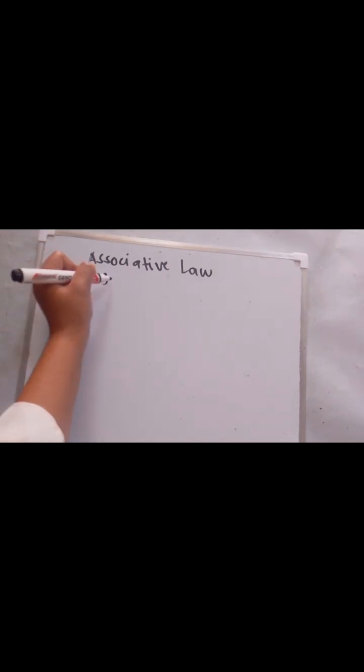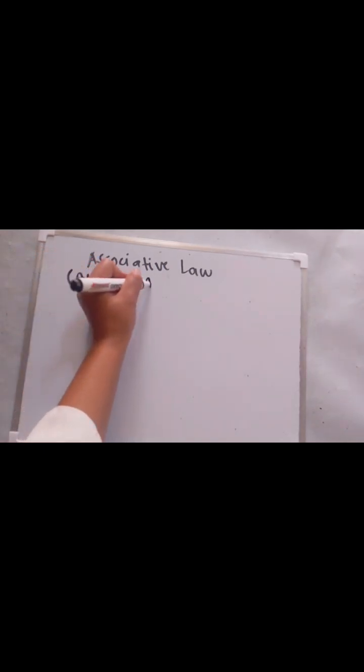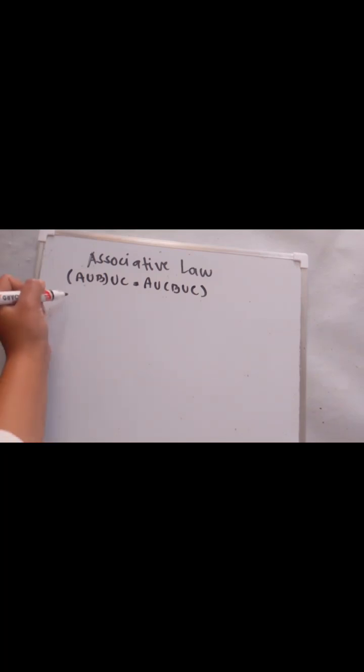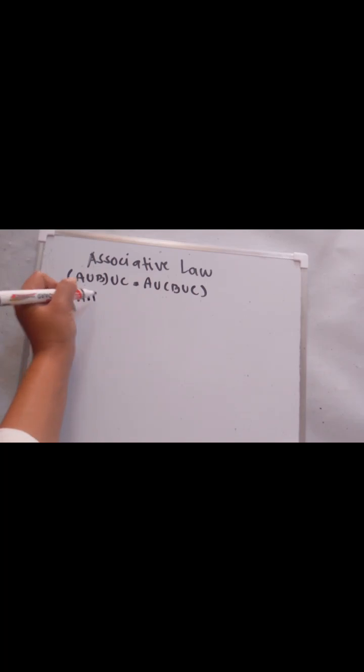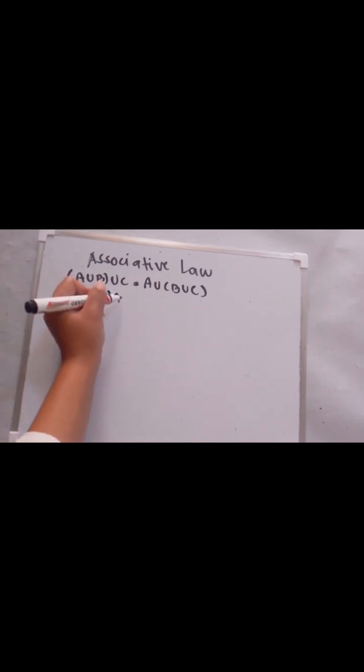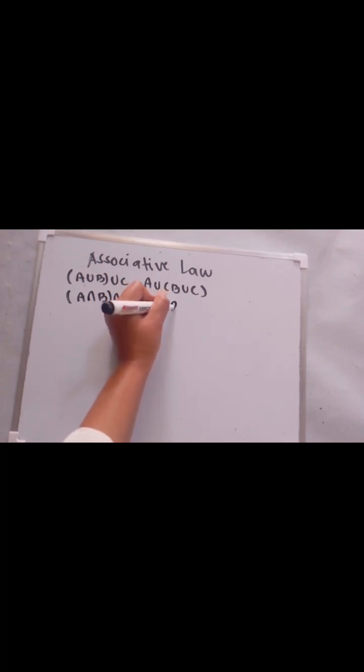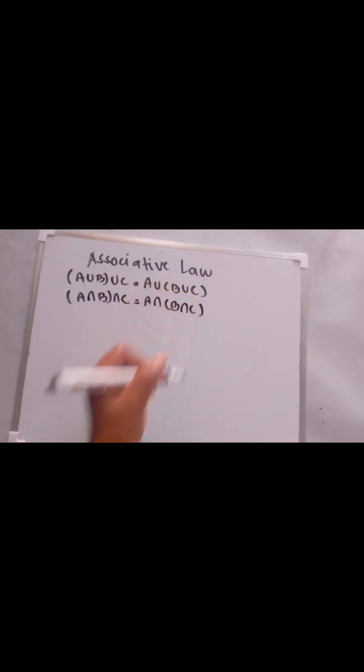In mathematical expression, the union of A and B, then the union with C, is equal to the union of A with the union of B and C. Likewise for intersection, A intersect B, then intersect with C, equals A intersect the intersection of B and C.